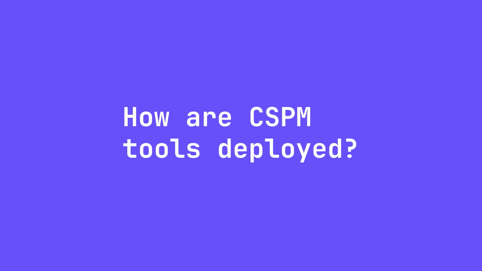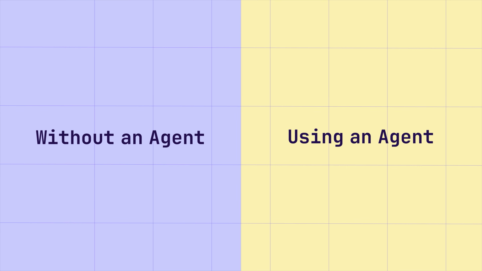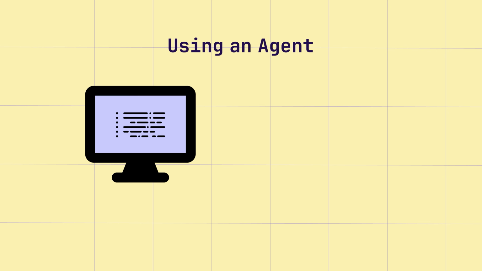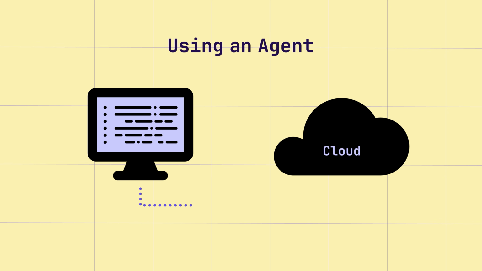There's typically two ways that tools can deploy, and some use a combination. One is called agentless, and one is, well, agent. And I don't know what you'd call it. It involves agents. So there's agentless and then not agentless, I guess. What the agent approach means is that you have to deploy software onto your cloud account.